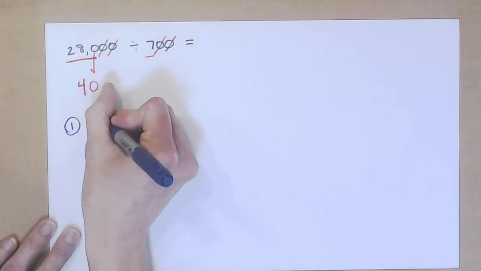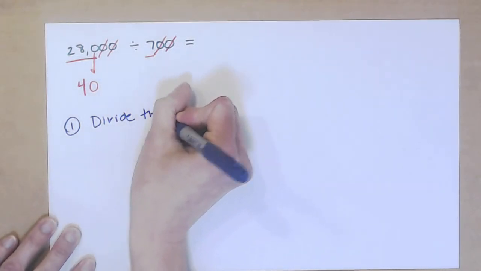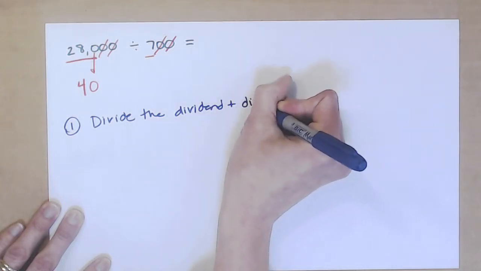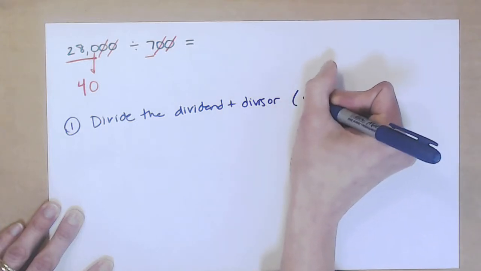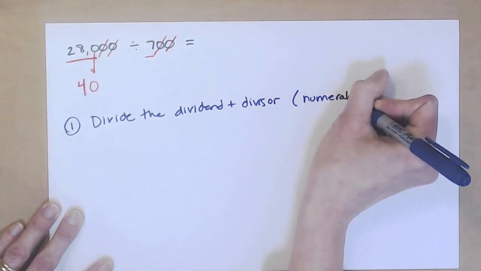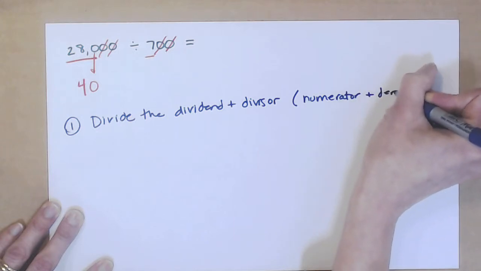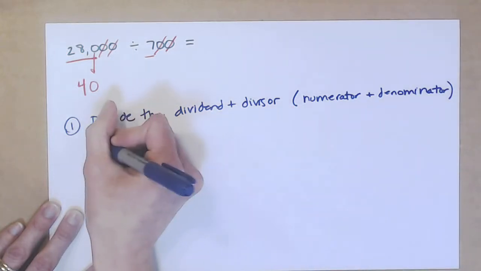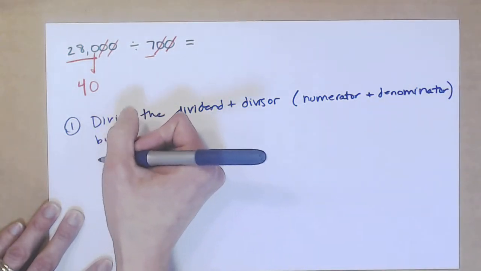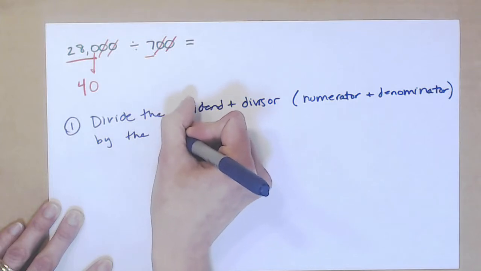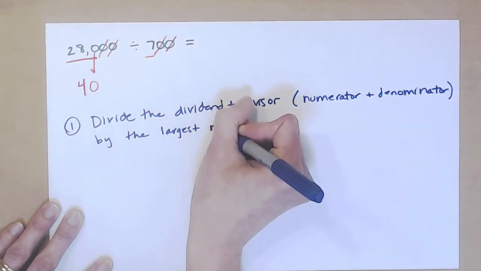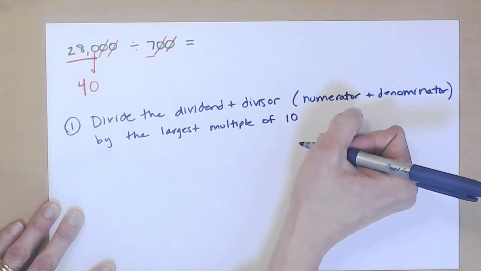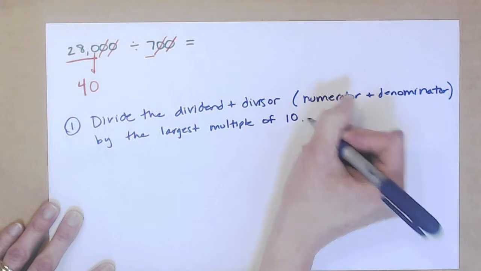One is you want to divide the dividend and divisor, or if you're thinking fraction in your head, that's the numerator and denominator, by the largest multiple of 10 that you can. The largest multiple of 10 common to both. That's a factor of both.